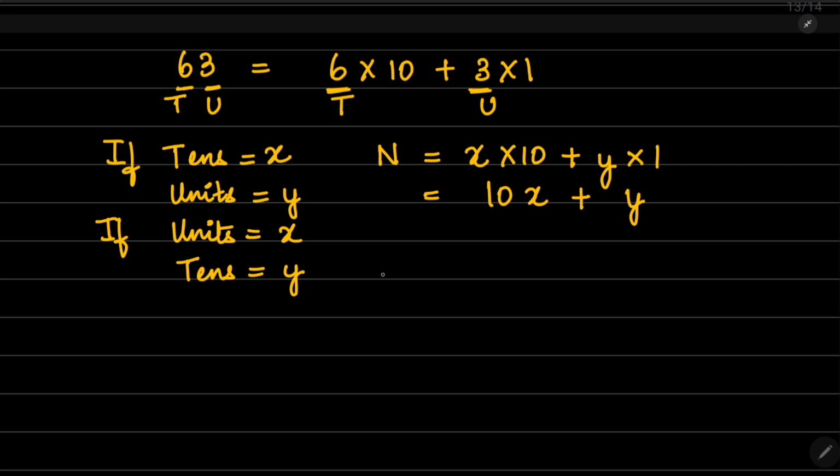What will be the new number formed? It will be nothing but y times 10, whatever your tens is, y times 10 plus x times 1. So this is in general, with your tens as x and units as y or in either place.